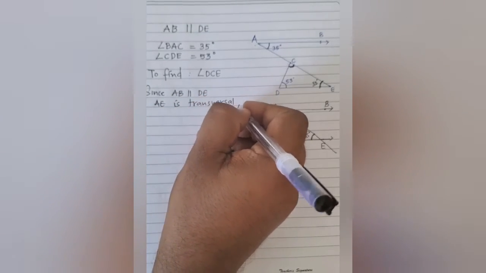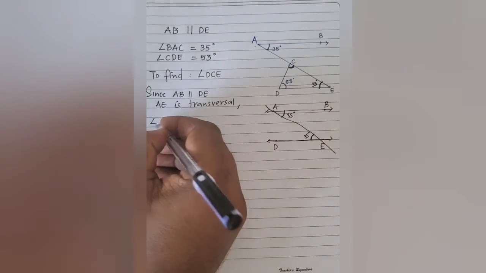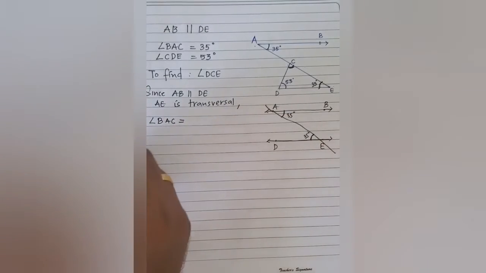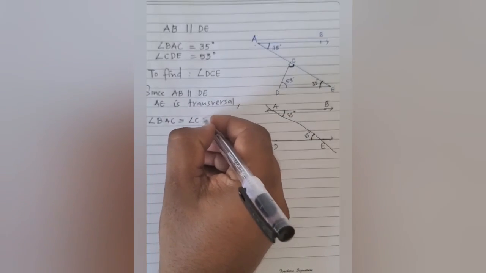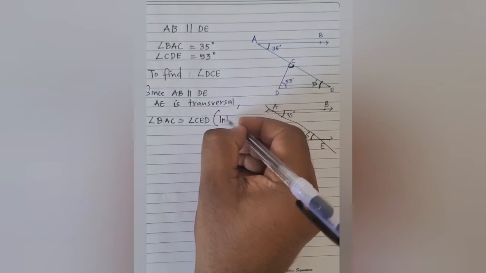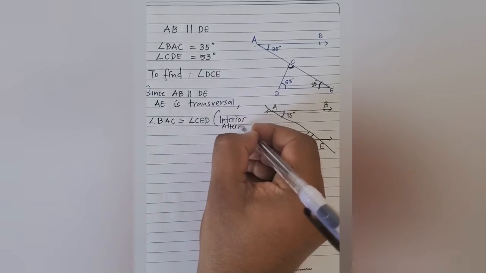On that basis, I will mention that angle BAC is equal to angle CED. The reason is they are interior alternate angles.